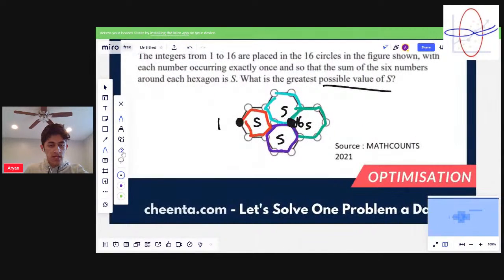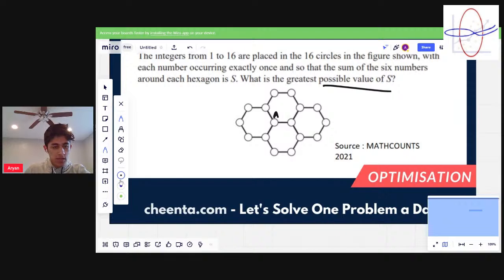So let's say we get rid of all of the markings, and let's say this is A, and this is B. A and B are counted 3 times; they're in 3 hexagons. Now, how many are in 2 hexagons?